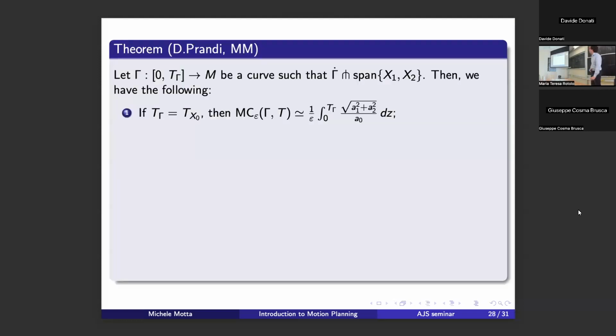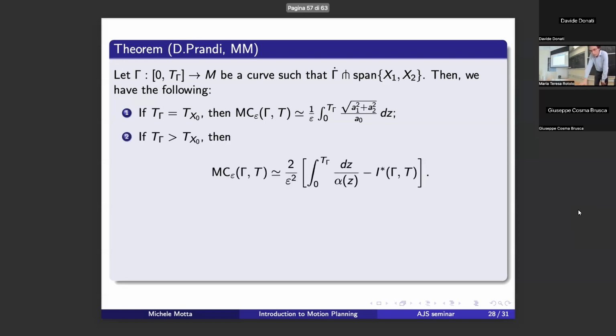So the result that we obtain is this: if this quantity, so if the drift takes you exactly to the endpoint that you want, you have this formula for the motion complexity. Notice that here you have just 1 over epsilon, not 1 over epsilon squared as before.